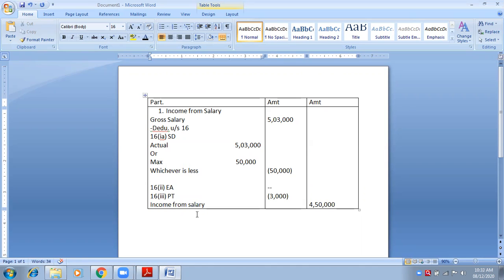Is it clear everybody how to solve it? First we need to get an answer related to the first heading, income from salary. Now no other head is given directly. Which head is given? Income from other sources. Yes, so we can write income from other sources.